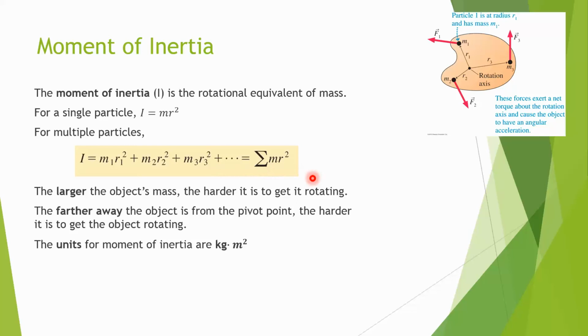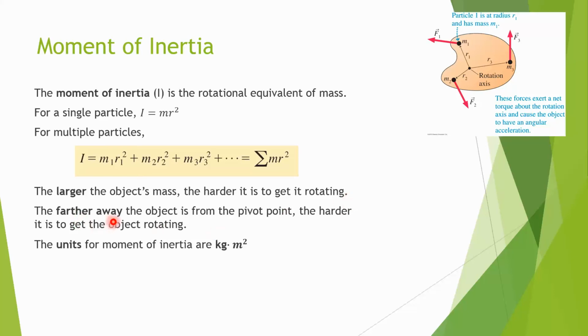What this means is that moment of inertia depends on mass. So if I increase the mass of the object, I'm going to have a larger moment of inertia. So the larger an object's mass, the larger the moment of inertia, which means the harder it is to get it rotating. You remember inertia from Newton's first law is the tendency of an object to resist motion. So more moment of inertia is tied in with the inertia of the object.